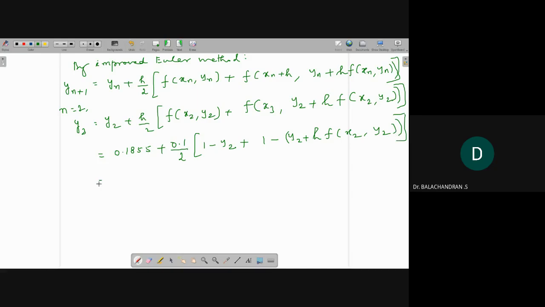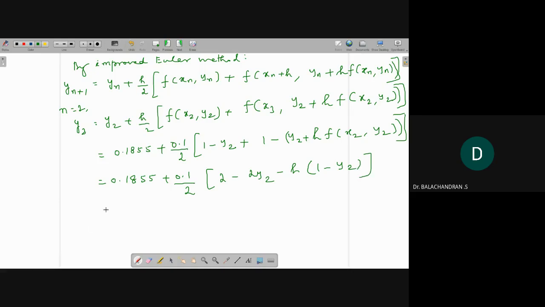Now 0.1855 plus 0.1 divided by 2, into 2 minus y2 minus y2, that is 2 minus 2y2, minus h into f of x2 comma y2. Again, f of x comma y is 1 minus y, so h into 1 minus y2.